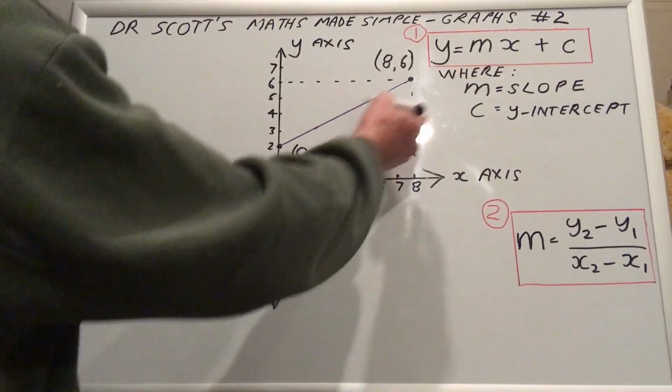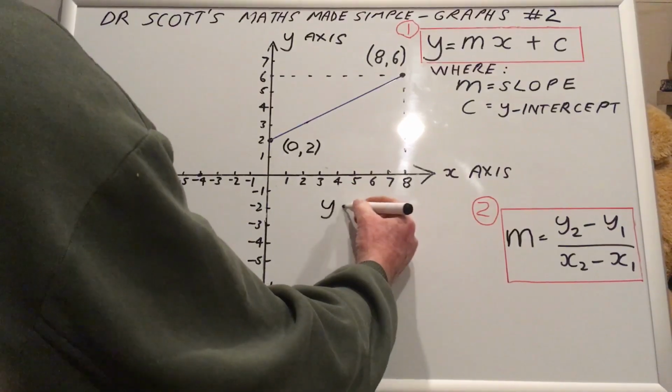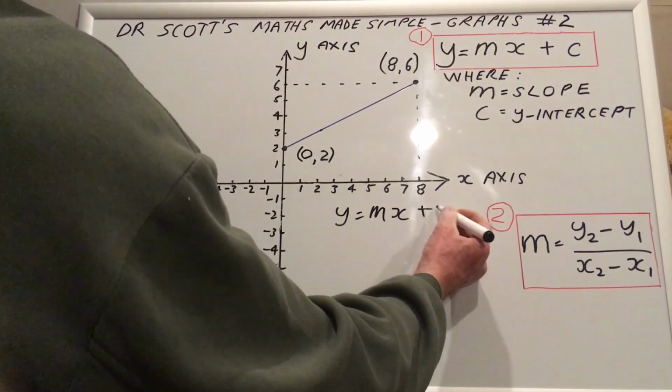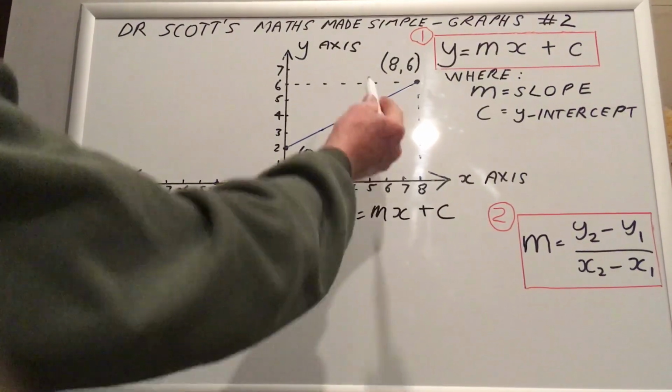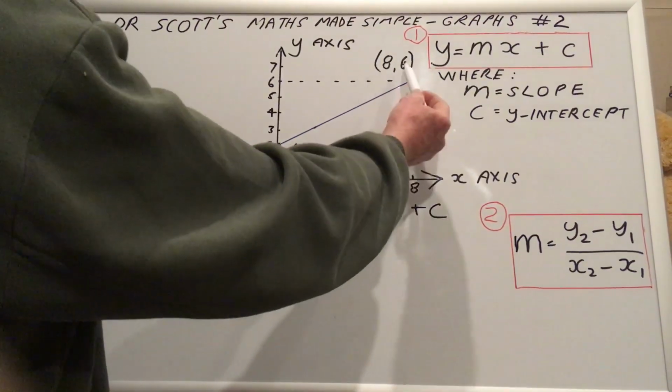So I'm going to work out the slope of this line. I know that y equals mx plus c. Let's take a point on this line. Let's take 8 and 6.